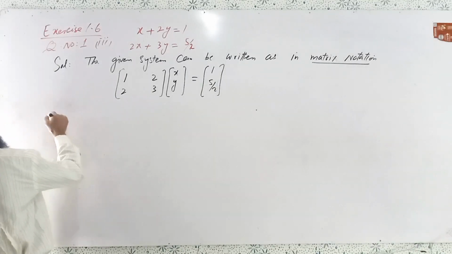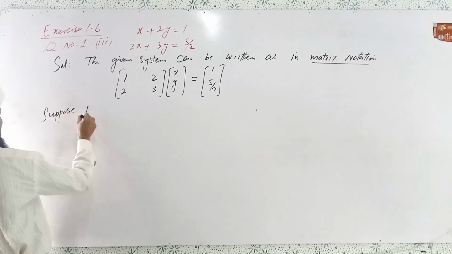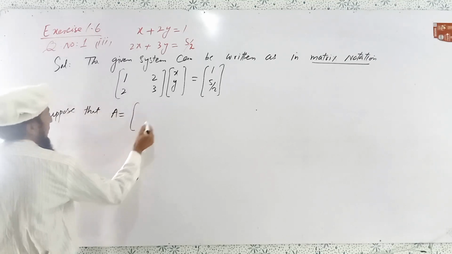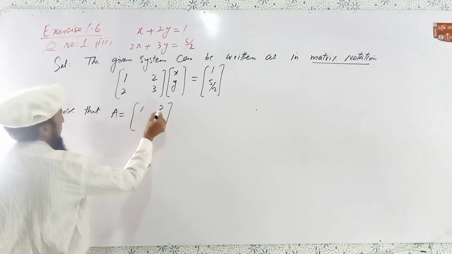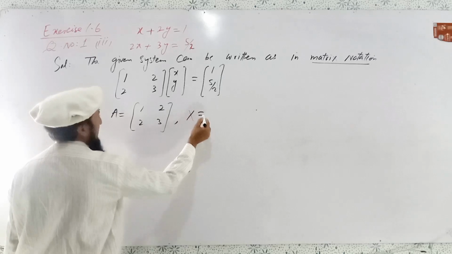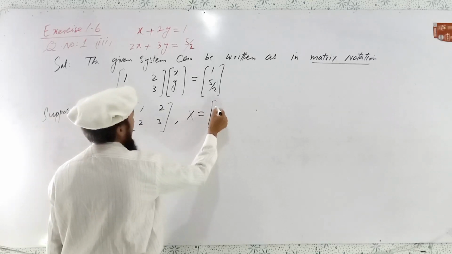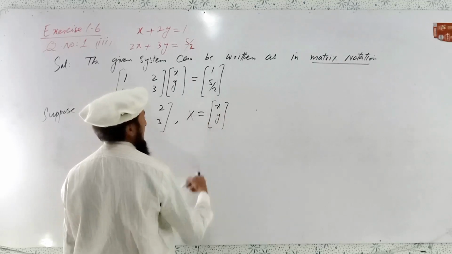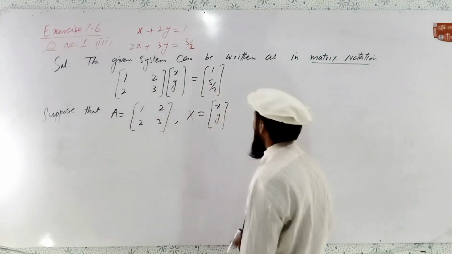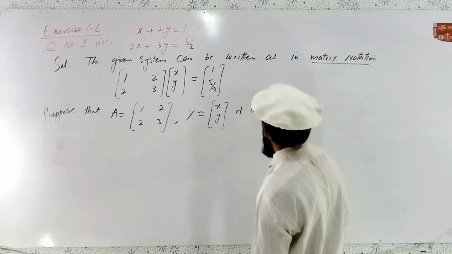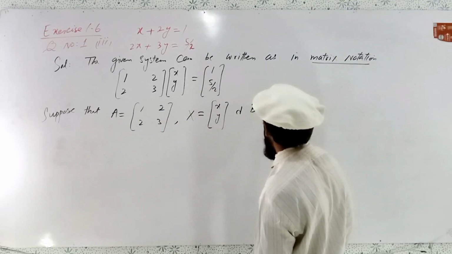Suppose A is equal to 1, 2, 2, 3, and X represents x and y, because we are finding the values of x and y, and B is equal to 1 and 5 over 2.